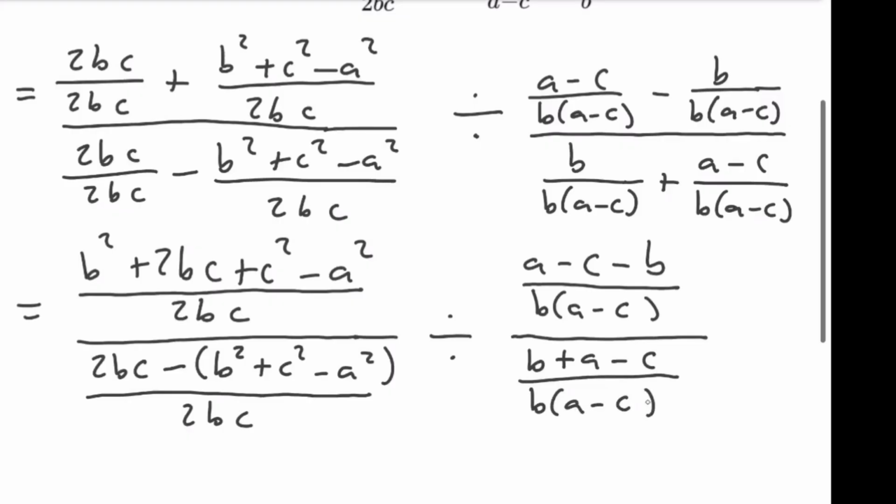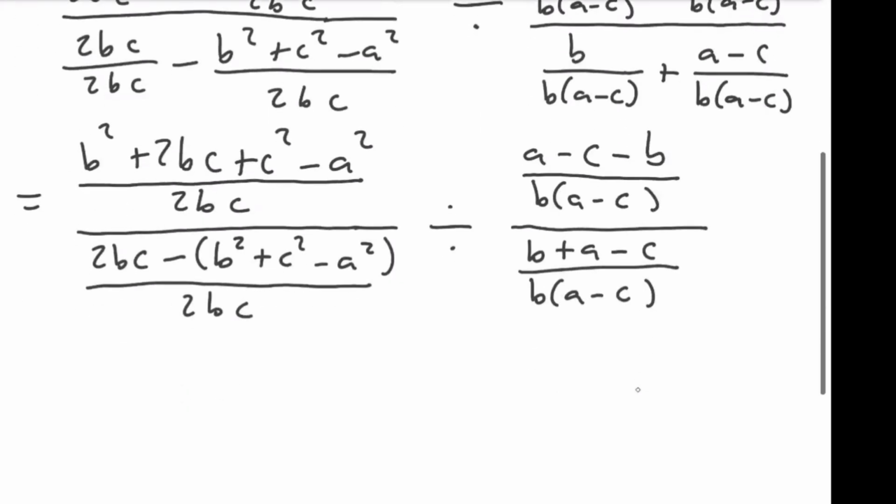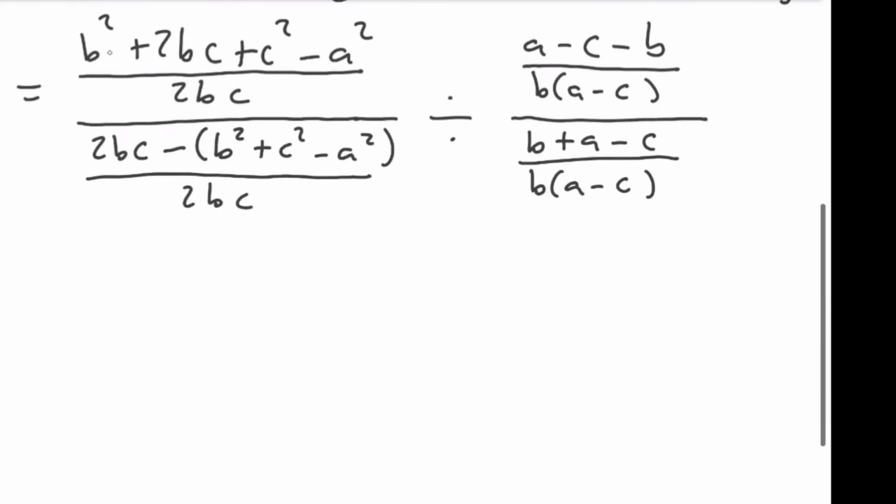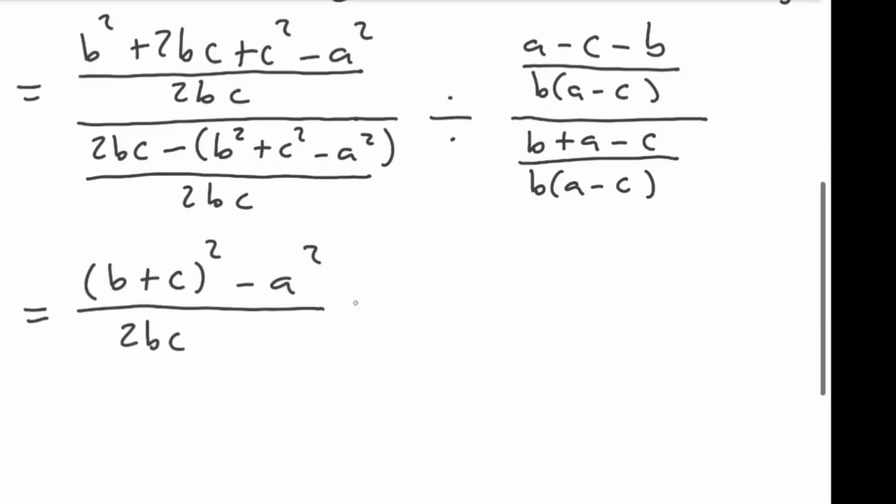Okay, so now I'm going to show you, because this is a perfect trinomial, right? So we have b squared plus 2bc plus c squared is the same as b plus c squared, right? And then minus a squared over 2bc.